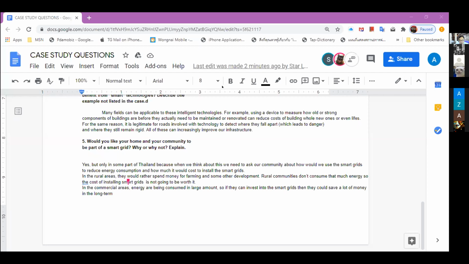I'll start then. You guys add in if I miss anything. For this one, basically we think that if we want to consider whether to install this in our community or not, we need to take a look at whether it will be suitable for the area that we live in, specifically in Thailand.